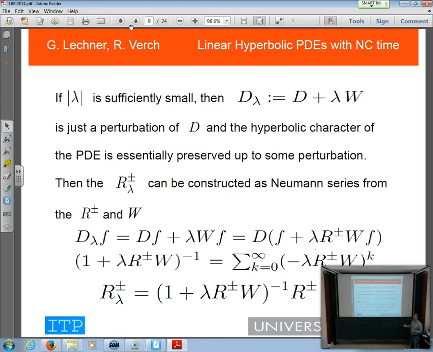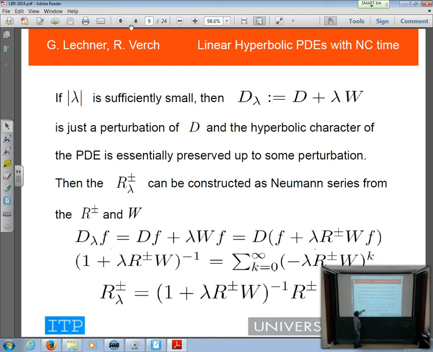Then R plus minus lambda can be constructed as a Neumann series from R plus minus and W. Because W is a smoothing operator, a C naught infinity kernel operator, in an L2 space, or even in a very general Sobolev space, this is a bounded operator.